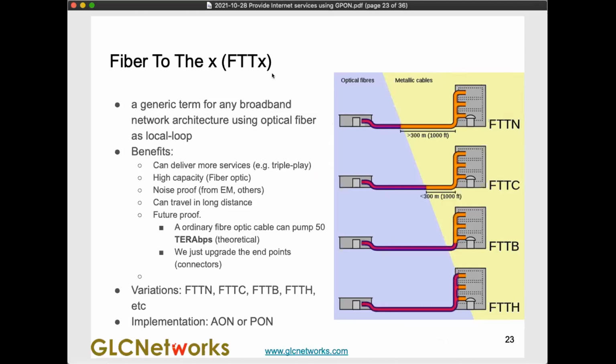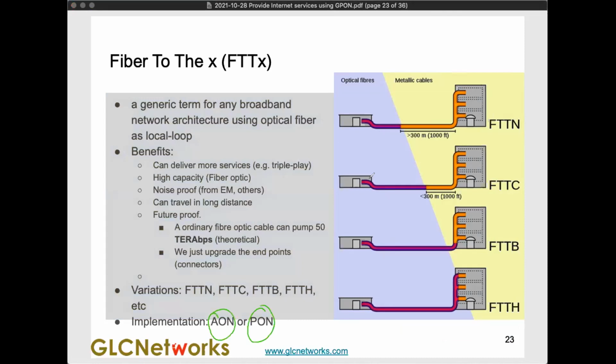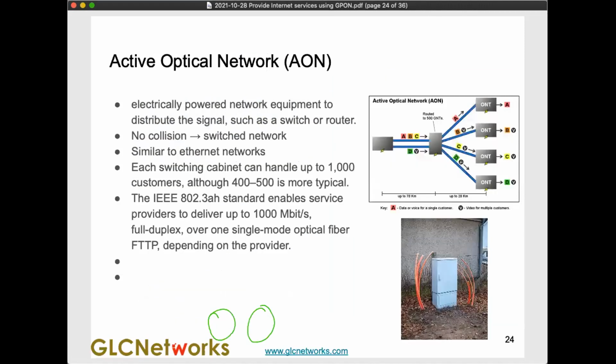About the implementation, we can do AON, active optical network, or passive optical network. What's the difference? We'll talk about that in the next slide. So this is how AON looks like. This is your central office, and here we have a node that is routing your packets.